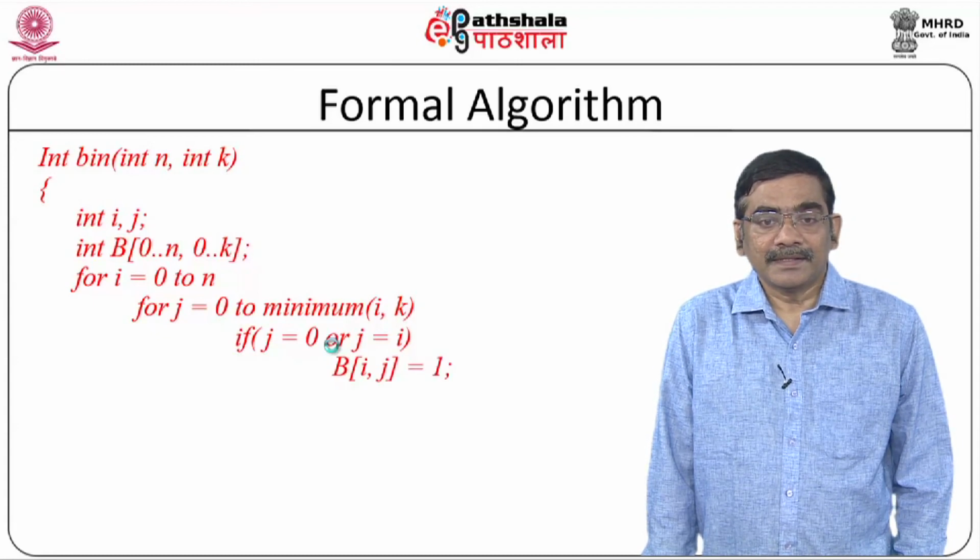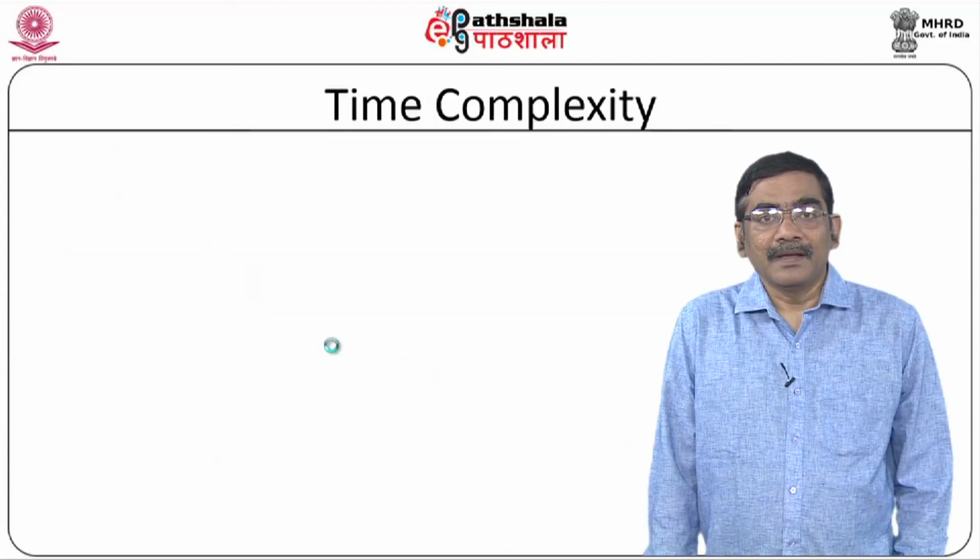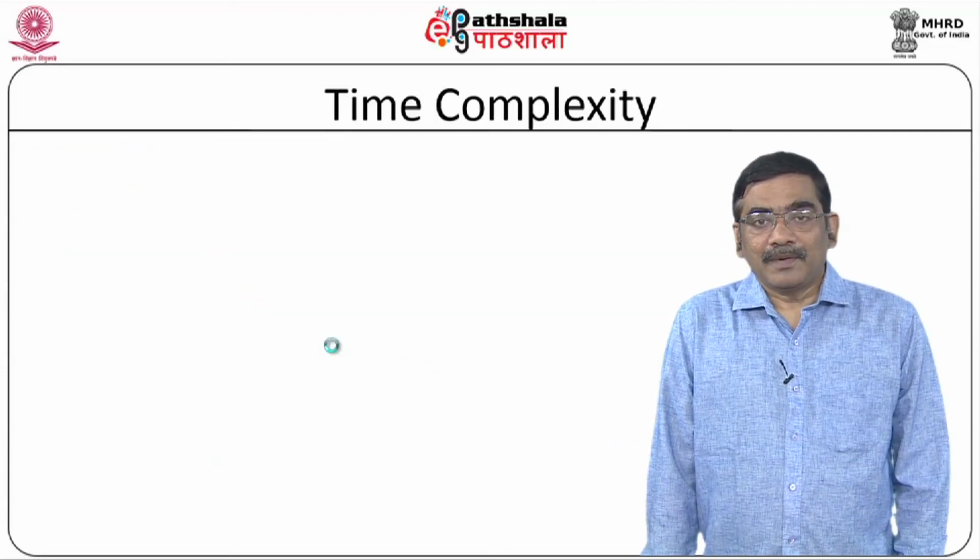If this is the case, it is going to be 1, otherwise you can see that this is nothing but the sum of the previous row. Finally you are going to return B of n minus k as the solution for this particular formal algorithm. Find what is the time complexity.